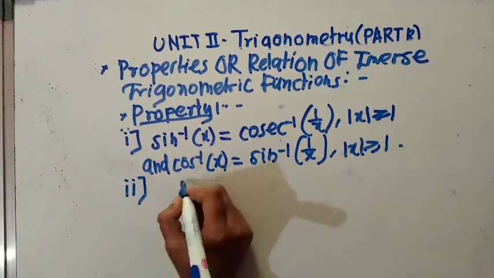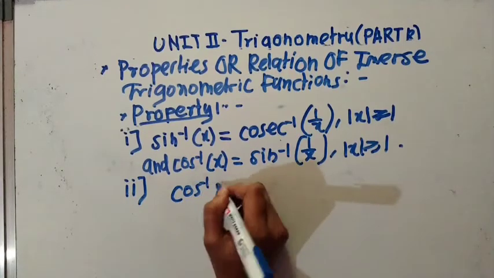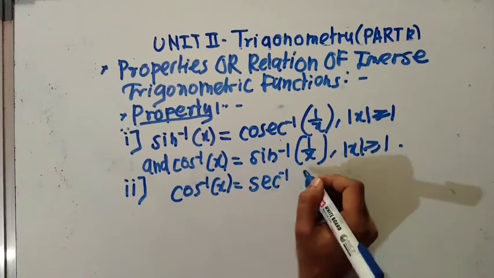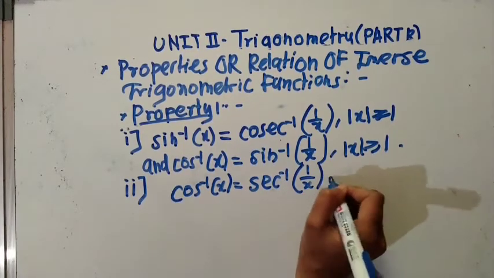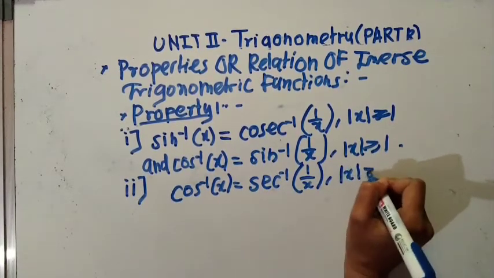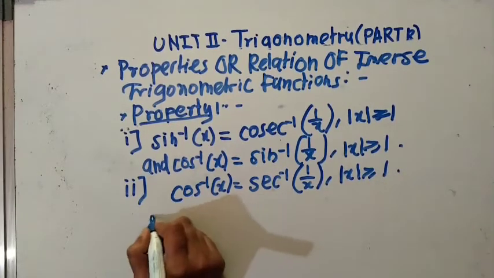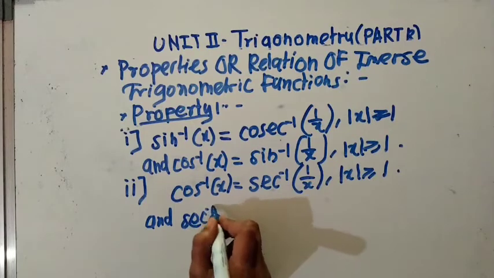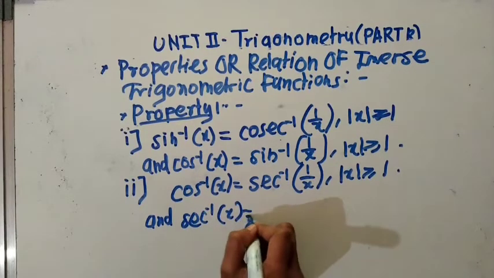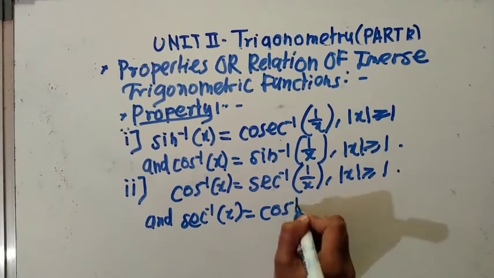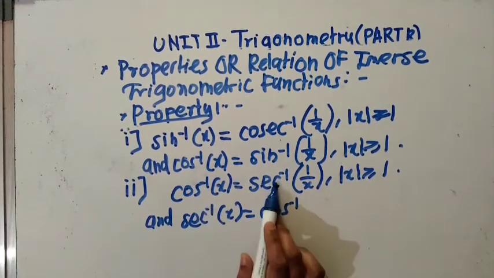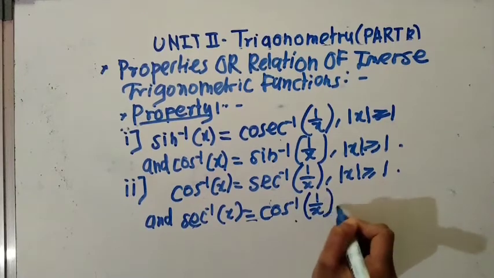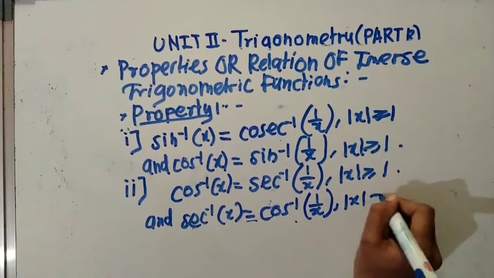Then the second property is cos inverse of x is equal to sec inverse of 1 upon x, where mod x is greater than or equal to 1, and sec inverse of x is equal to cos inverse of 1 by x, where mod x is greater than or equal to 1.